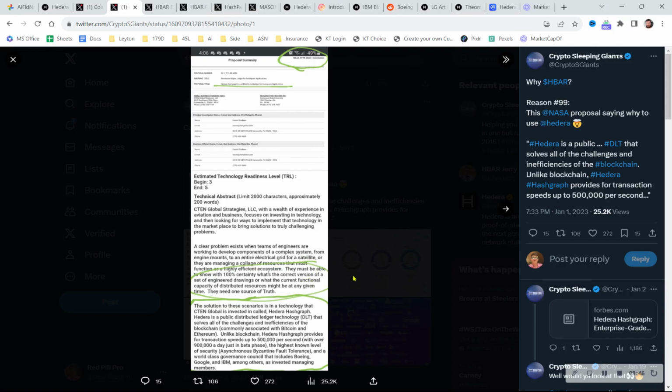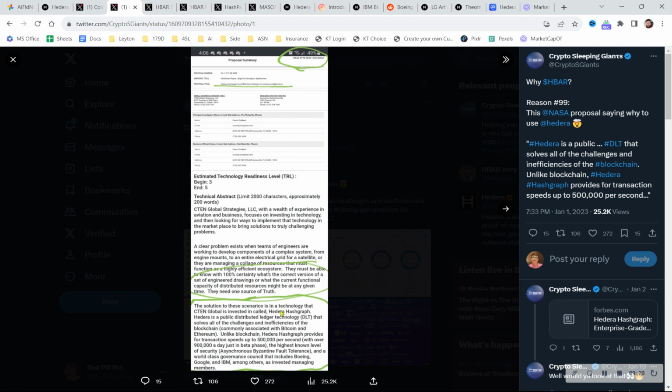So here we have something from NASA, I believe. It's calling out what they actually need and why HBAR actually works. These large scale enterprise applications have to know with 100% certainty what's the correct version of a set of engineered drawings or information, or what the current functional capacity of resources might be at any given time.